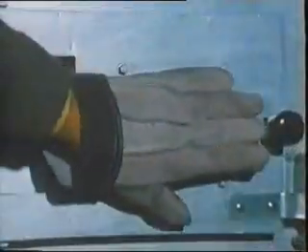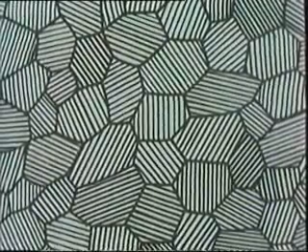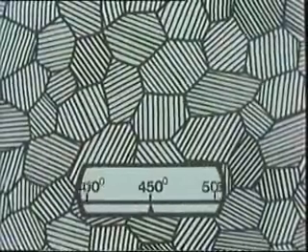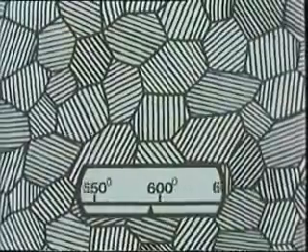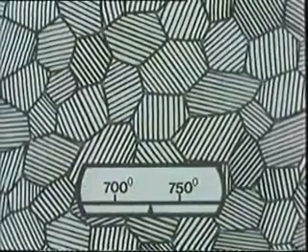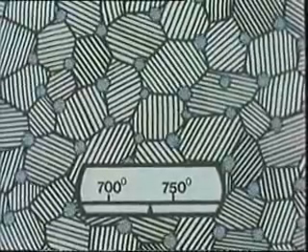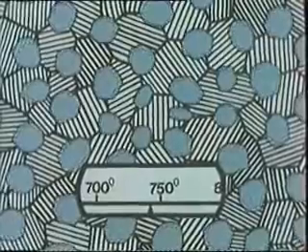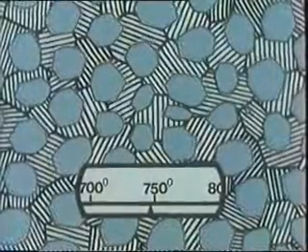Remember, with this particular amount of carbon, we have only one type of grain. Nothing happens until the temperature reaches about 720 degrees. Now, exactly the same thing happens here as it did in normalizing. New grains of a completely different structure grow out at the old grain boundaries.